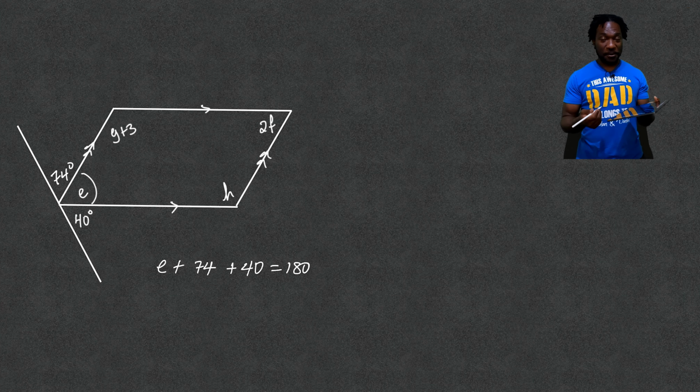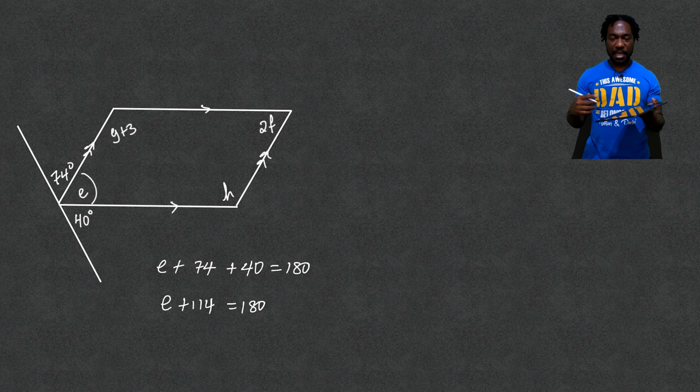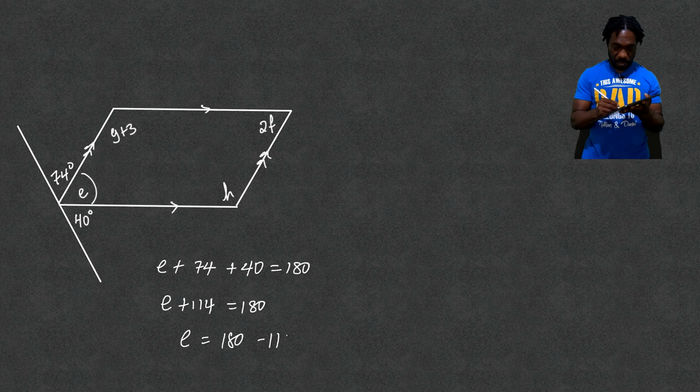Now 74 plus that 40 is going to be 114. So E plus 114 is equal to 180 degrees. And all I've got to do is take away that 114 degrees. And I believe E will be 180 take away 114, which is going to be 66 degrees.